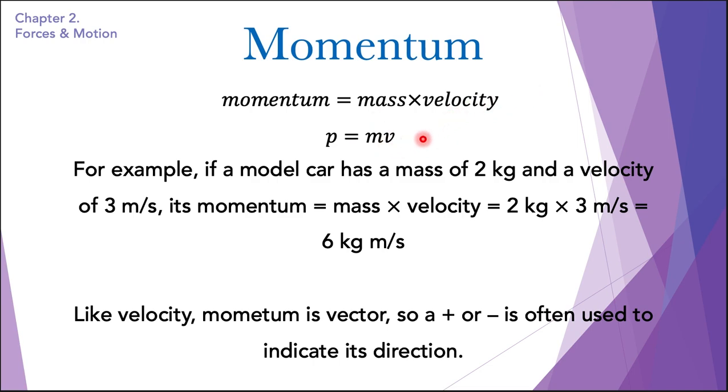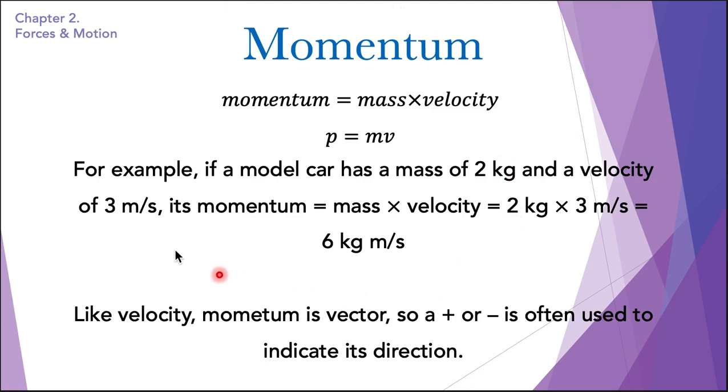For example, if a model car has a mass of 2 kg and a velocity of 3 meters per second, its momentum will be 2 kg into 3 meters per second, equal to 6 kg meter per second. Note that the unit of momentum is kg meter per second. Like velocity, momentum is a vector quantity as well, so a plus sign or minus sign is often used to indicate its direction.